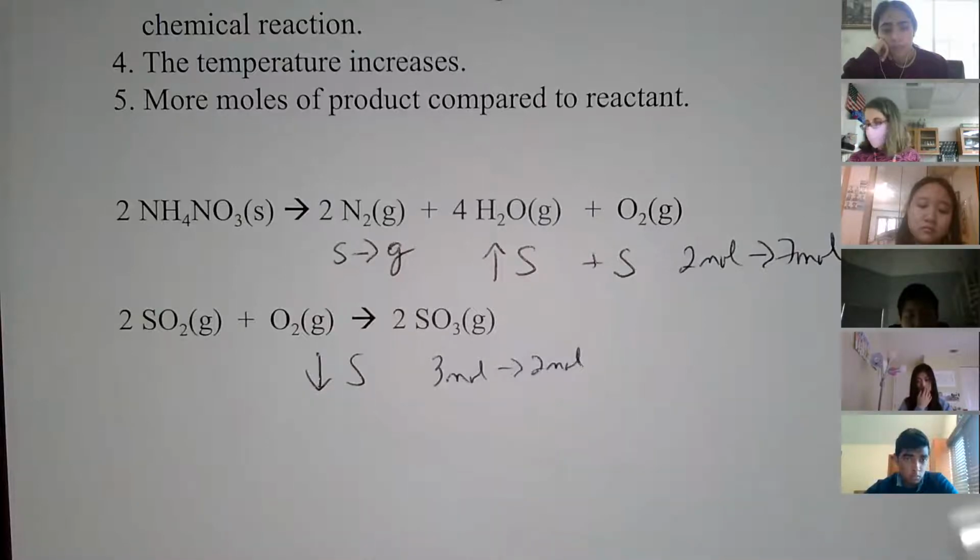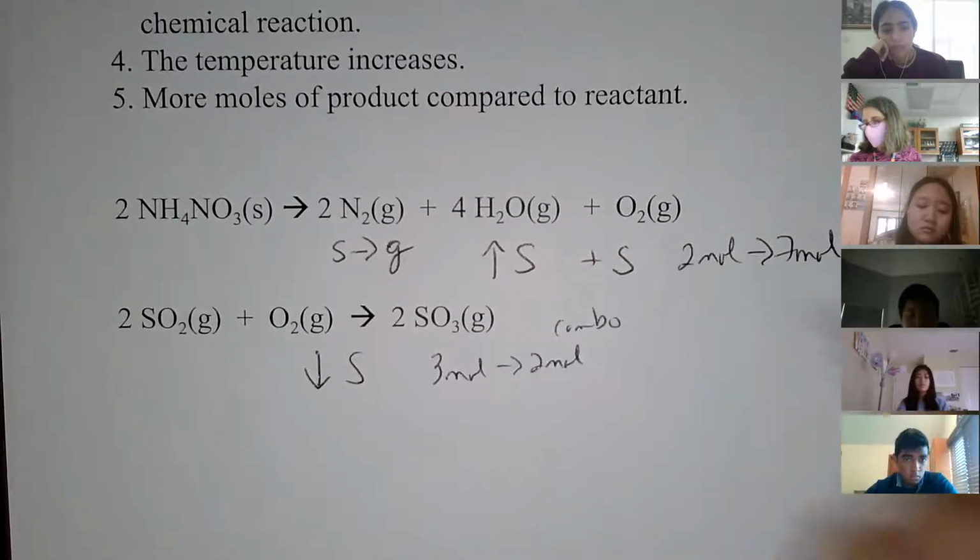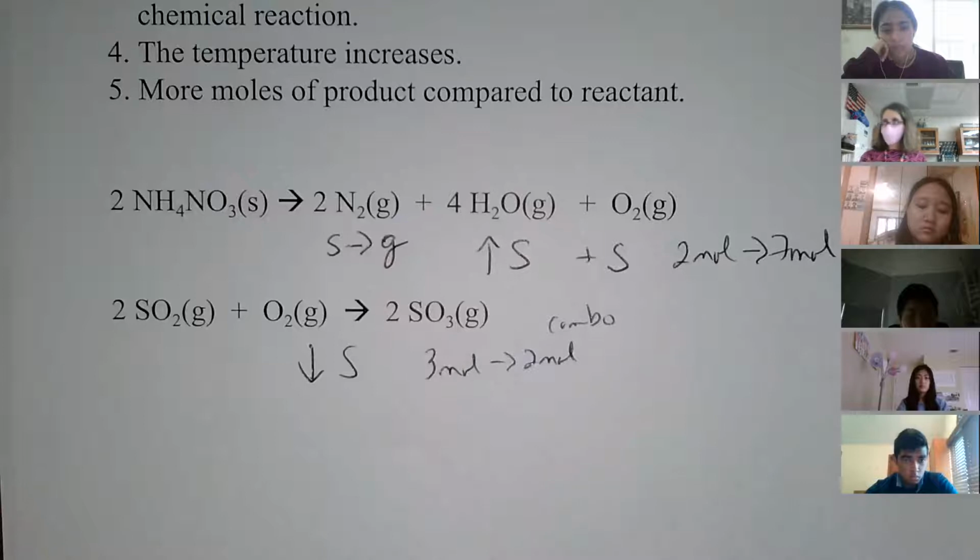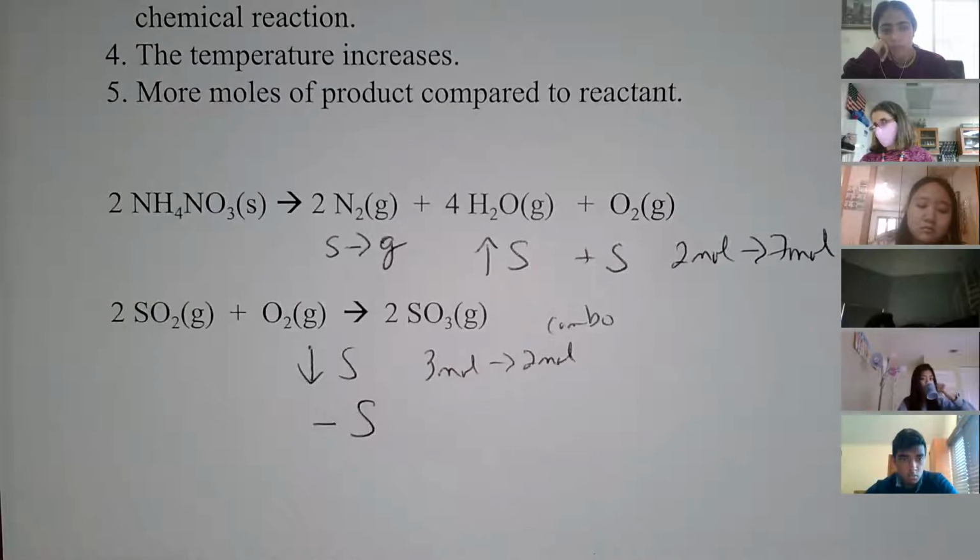You could also say this is a combo reaction, meaning I am making a substance from something else. So just because I'm reducing it down to one thing from 2 different things, that's going to mean entropy is decreasing. If entropy is decreasing, we're going to have a negative sign associated with it. So that is entropy.